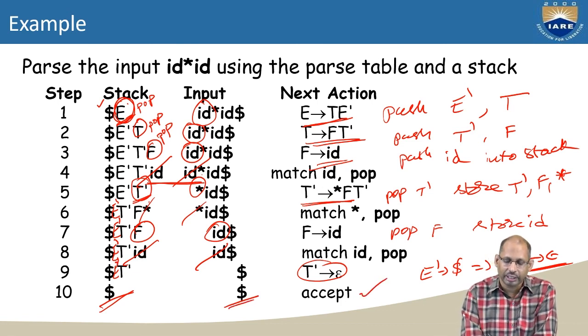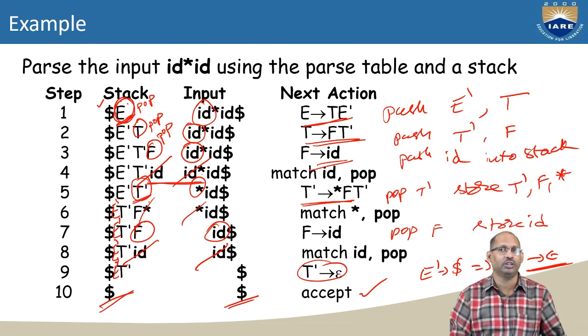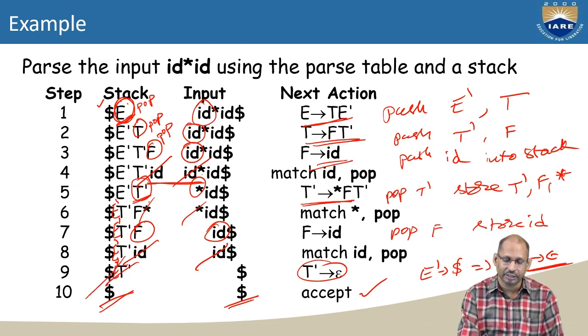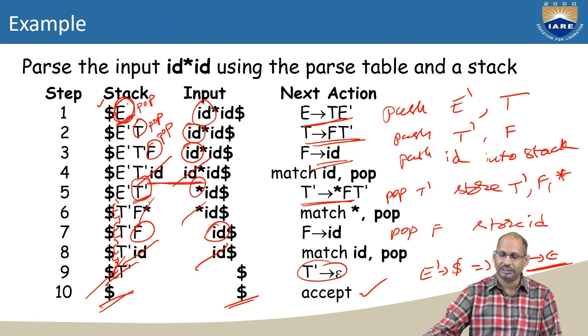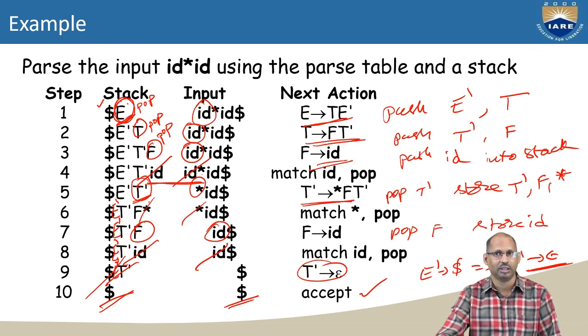So here E' and T' both with $ giving E' gives epsilon, T' gives epsilon. So the symbols are deleted. So finally the stack is empty, input is empty, the string is accepted. The stack is empty, the string is also empty, so the string is accepted.